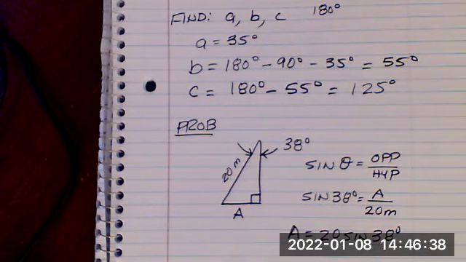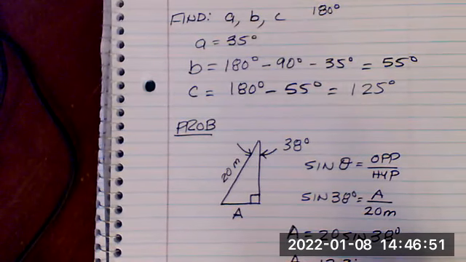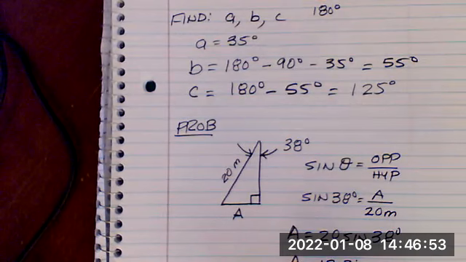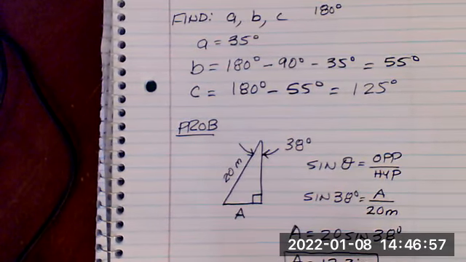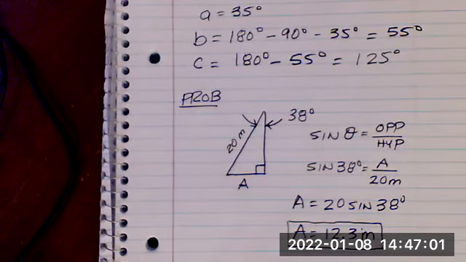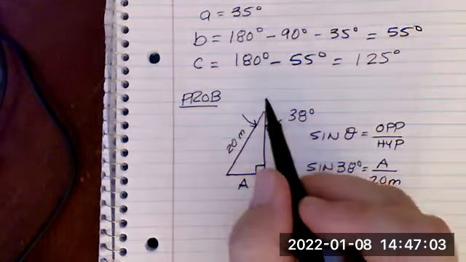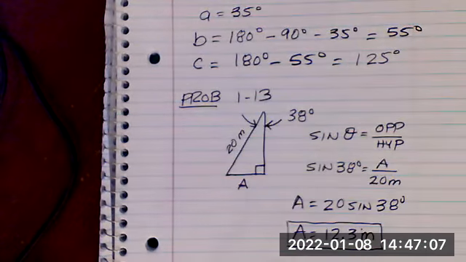So 38 sine times 20 equals, A equals 12.3 meters, okay? All right, sorry you could barely see that, now you can see it. And this was problem 1-13 from your book.